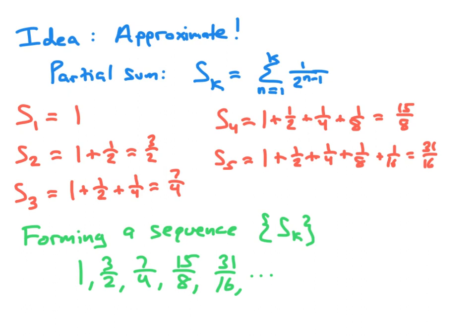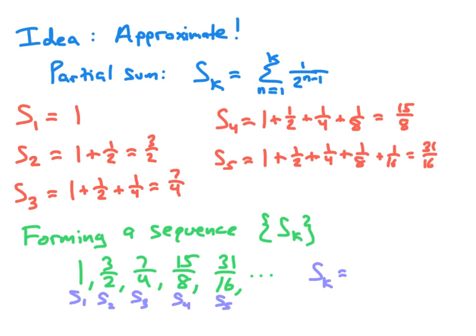And so that means it's useful to have a general term for our sequence so that we can then consider the end behavior of that sequence. So in this case, we have the first five partial sums, S1, S2, S3, S4, and S5, and we'd like to find a formula for S sub k, the general term of this sequence.